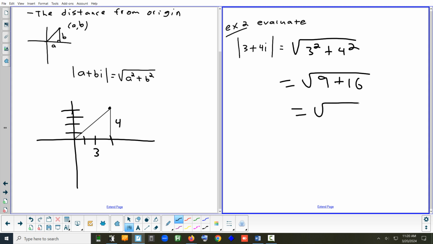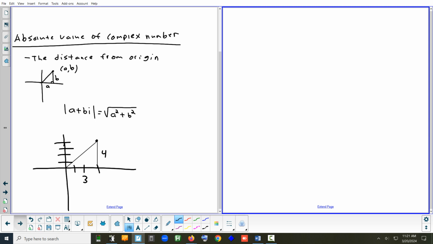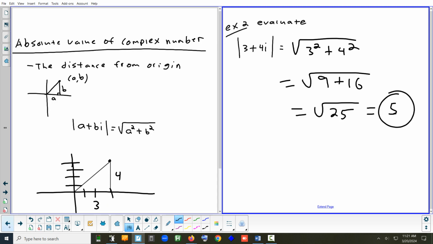So that's the square root of how much? 25, which is 5. So that's the absolute value of 3 plus 4i. Okay. Since it measures a distance, what kind of number do you think it always has to be? Yeah, it always has to be positive.